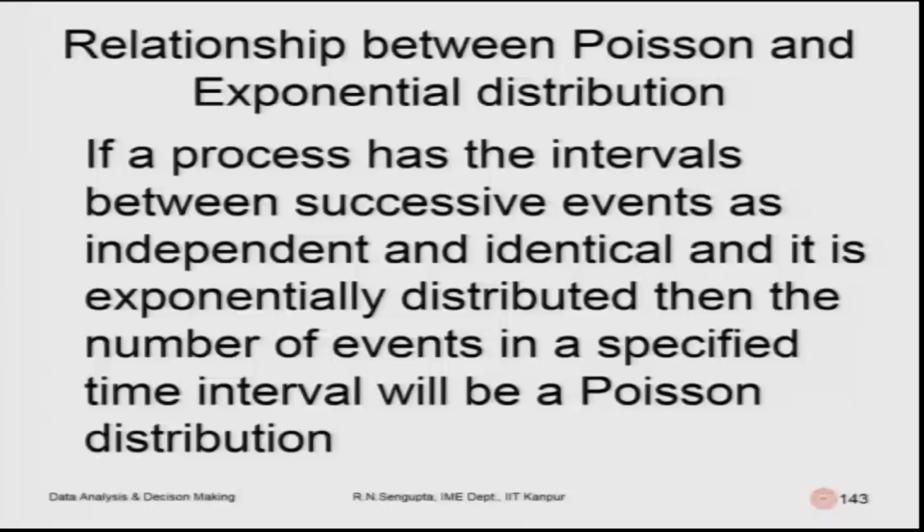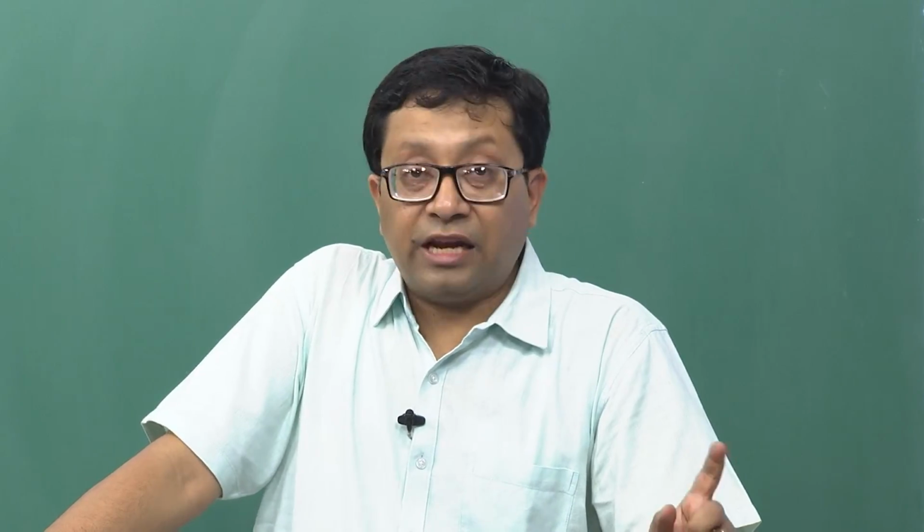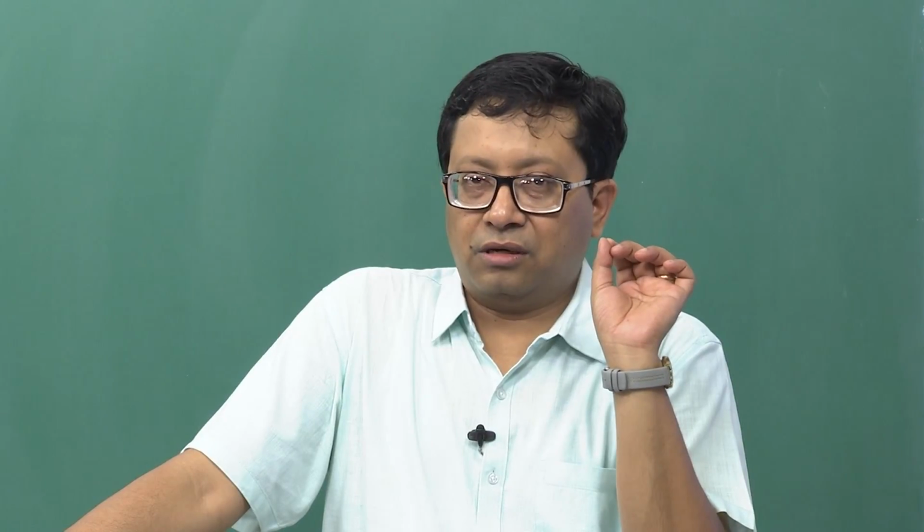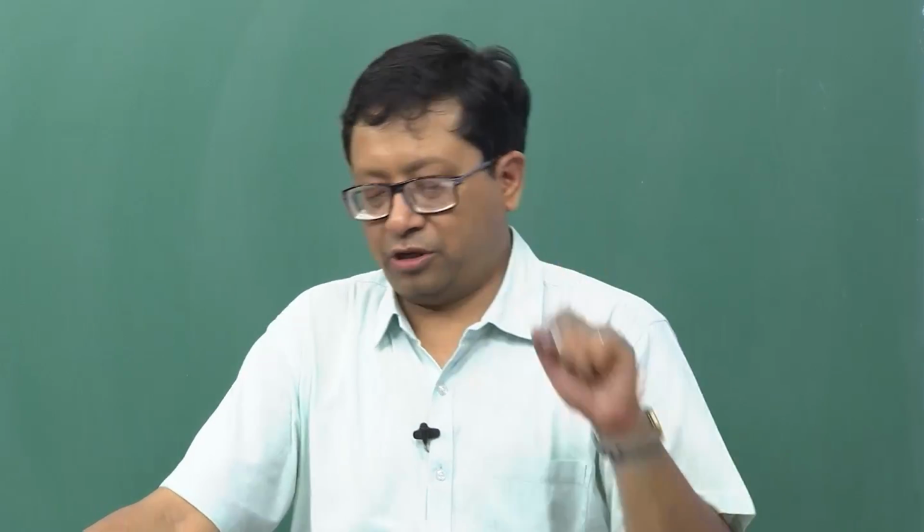If a process has the intervals between successive events as independent, and of the same equal length, so obviously these are IIDs, and it is exponentially distributed, then the number of events in a specified time interval will be a Poisson distribution. The relationship being numbers arriving is Poisson and the time taken to process them is exponential.